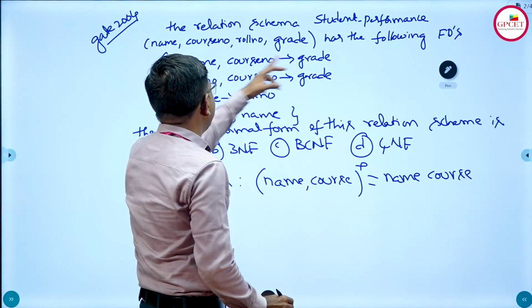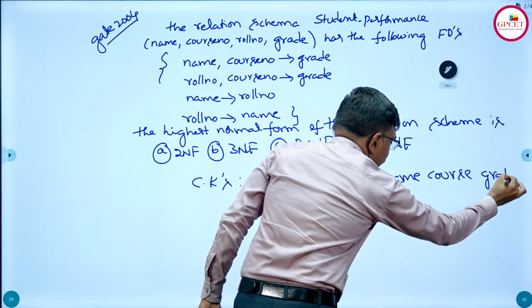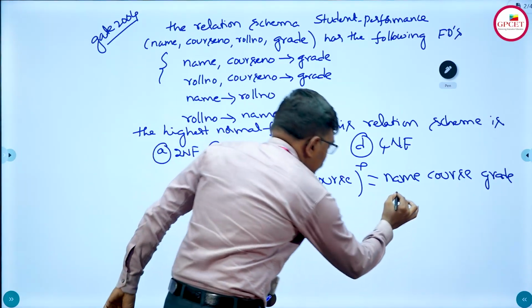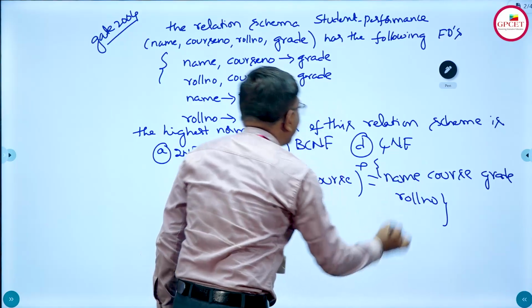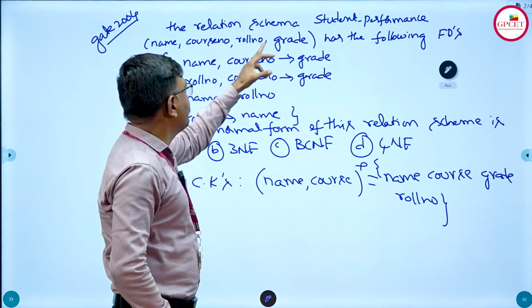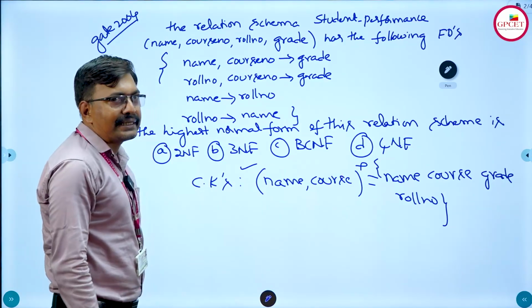Name, course derives grade. And then next, name derives roll number. Roll number, we can get the original relation. What is the relation here? That is name, course number, roll number, grade. That's why name, course number is a candidate key.